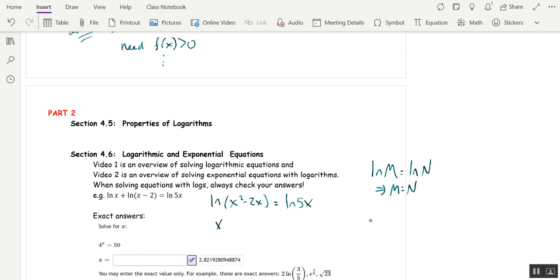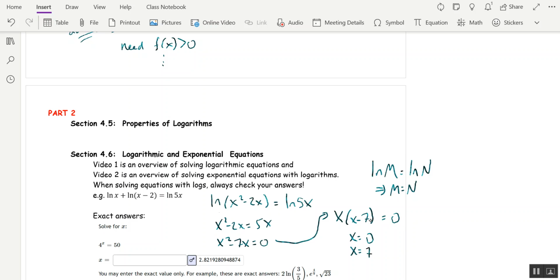So we can set x squared minus 2x equal to 5x. Now subtract 5x from both sides. x squared minus 7x is 0. Factor: x times x minus 7 is 0. So seemingly we have two answers, x equals 0 and x equals 7.